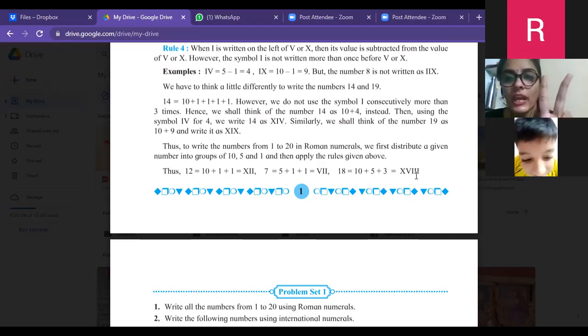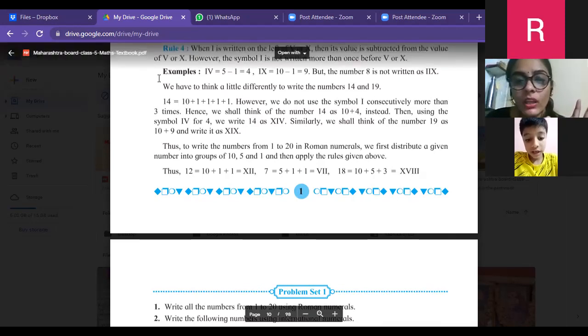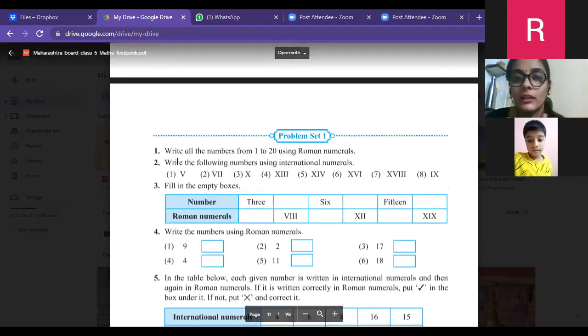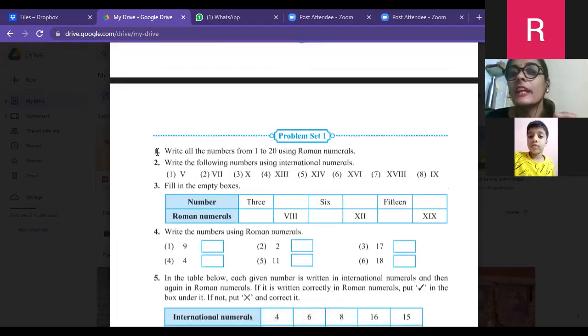V. Okay. So V minus I is 4. So you write first I and then V. So that is your Roman numeral for 4. Clear? Yes, teacher. So okay, now I am expecting that you will do this as homework.